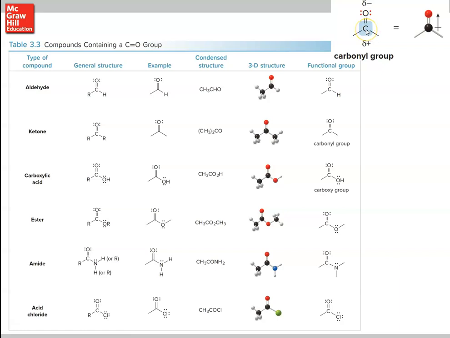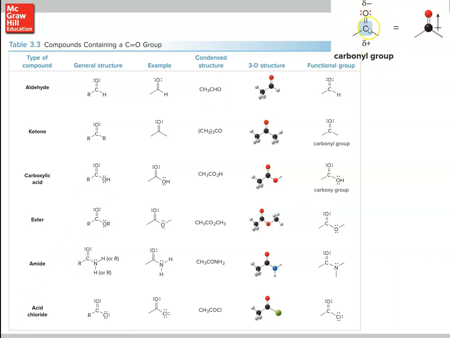Remember that other p orbital, when we go from sp3 to sp2, is being used to create this pi bond, right? The p for the pi that is happening here. So the carbon is sp2 hybridized, the oxygen is sp2 hybridized, and the shape is associated with that hybridization change. We now have a trigonal planar shape.